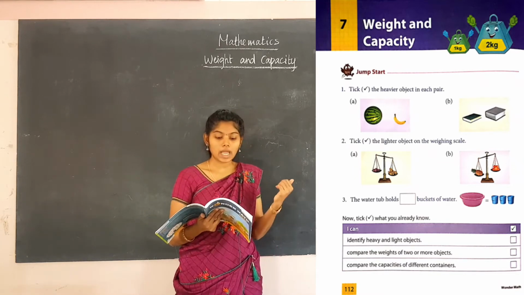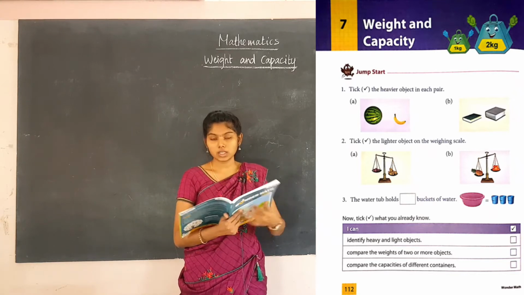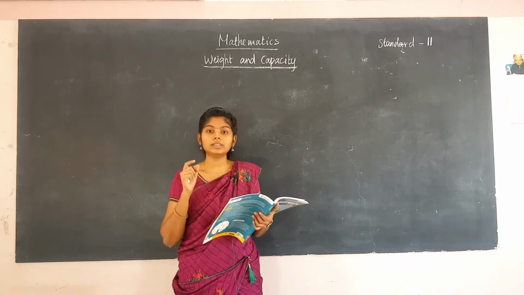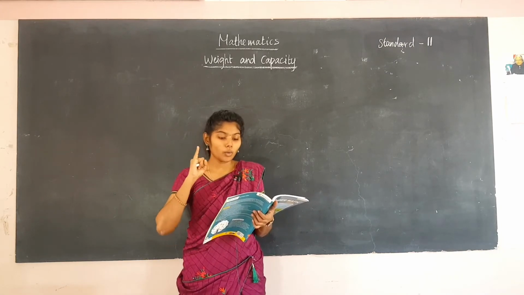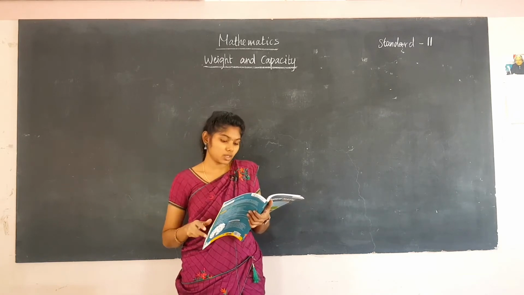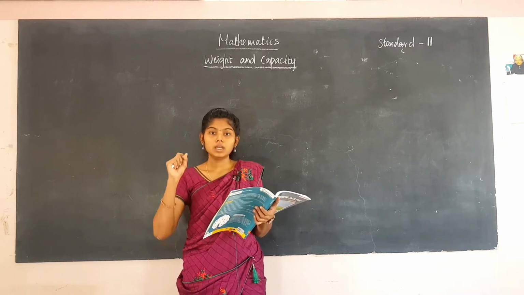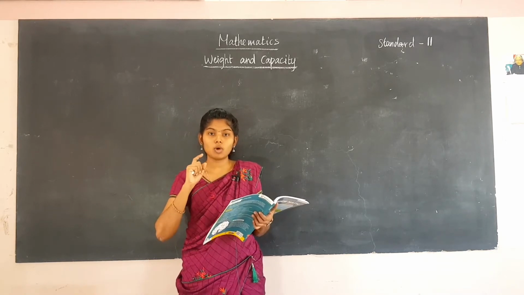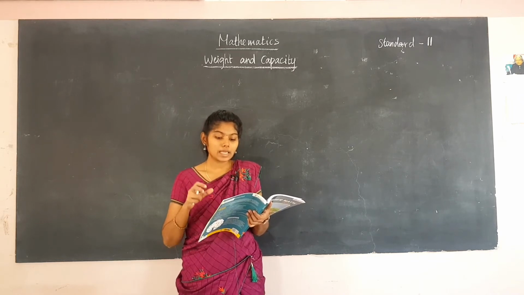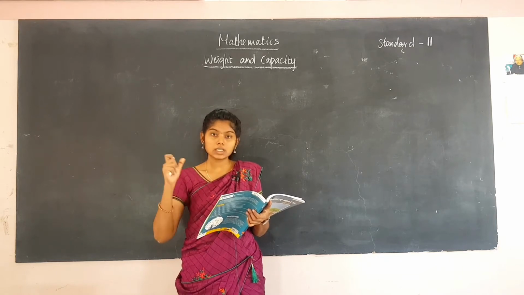Here in weight and capacity, you are going to learn what things? In this chapter you will learn to measure the weight of an object using non-standard units. Then estimate the weight of an object in grams and kilograms. Then estimate the capacity of a container in milliliters and liters.